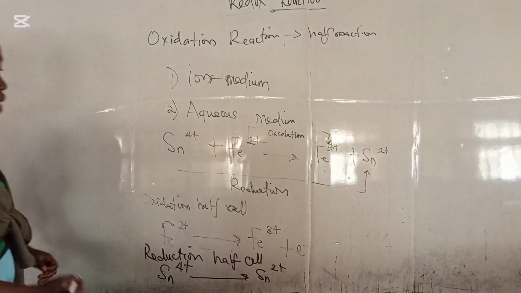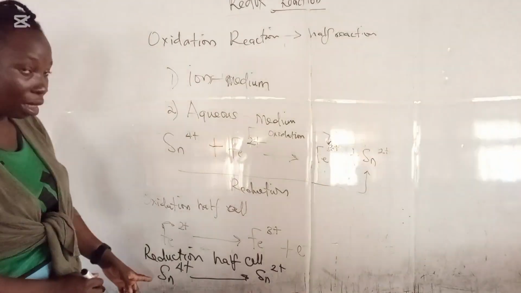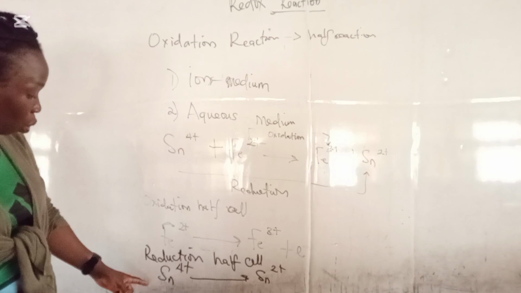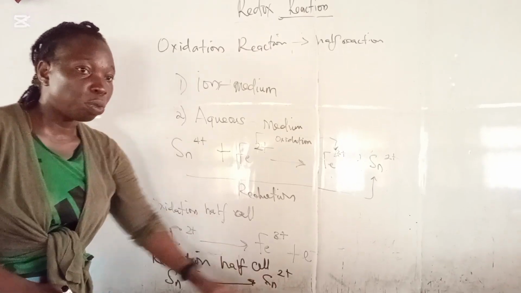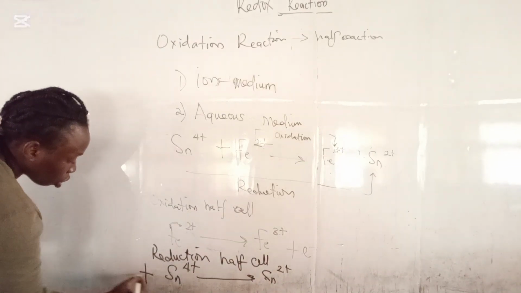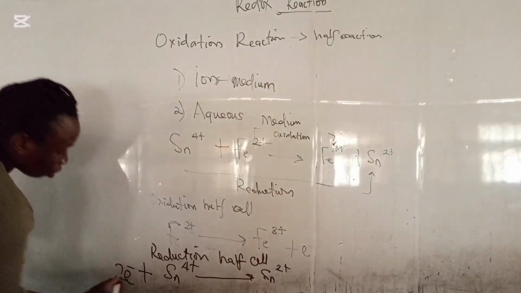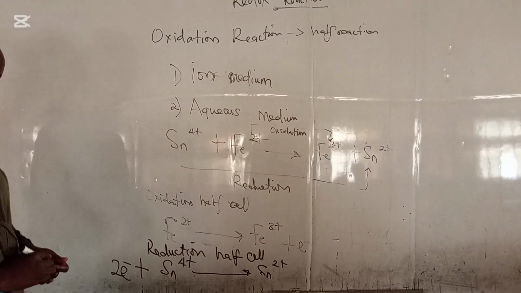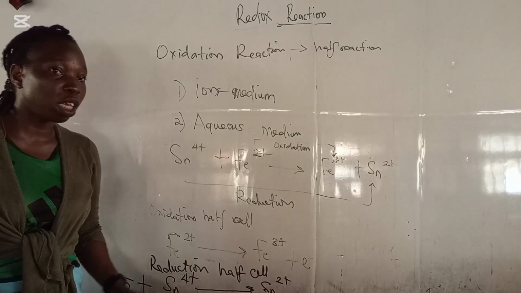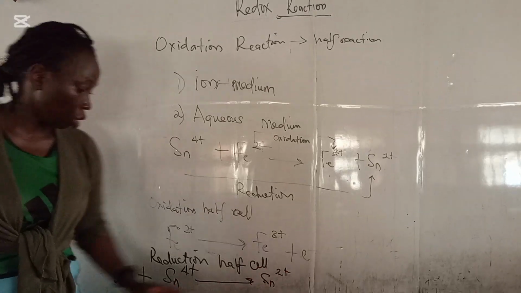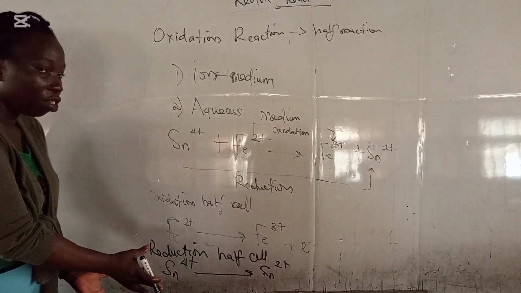So in order for us to balance this, it means we are going to gain 2 electrons at the reactant, so that it will balance up the electrons at the product. So here becomes 2e-. 2e- means minus 2, plus 4+ will give us what? 2+. So this is the balanced half cell.